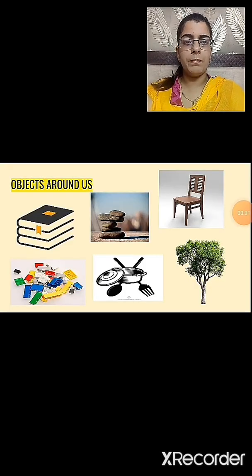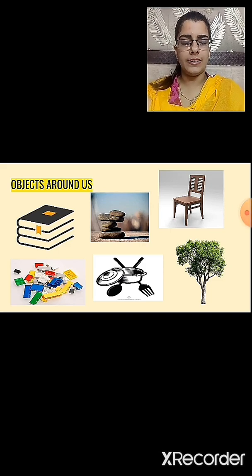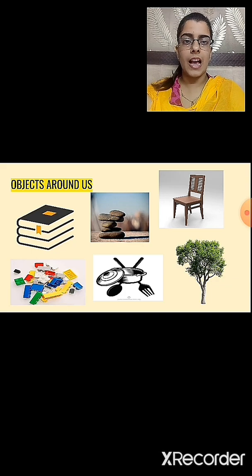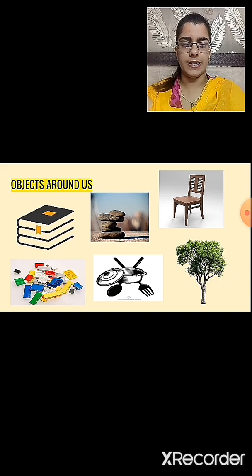We observe many different objects present around us. Do all the objects look alike? No. The objects have different shape, size, color and even they are made from different materials, isn't it?